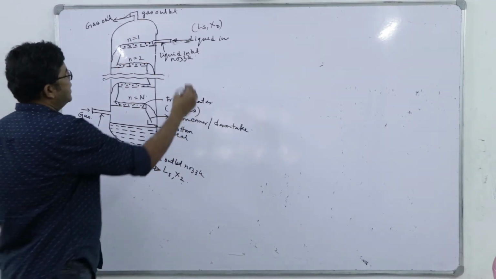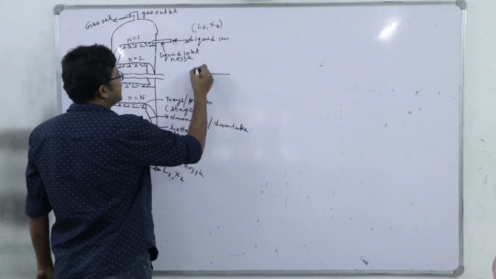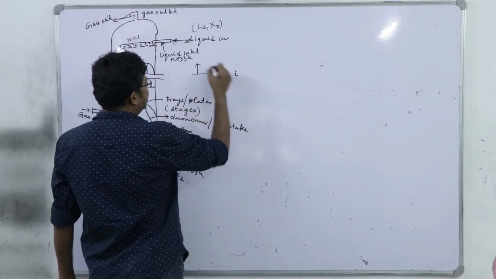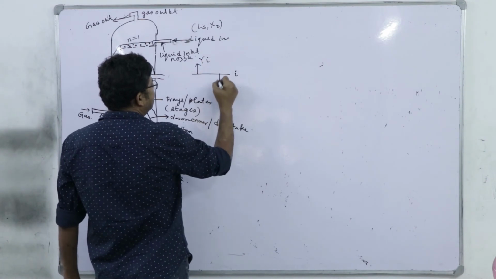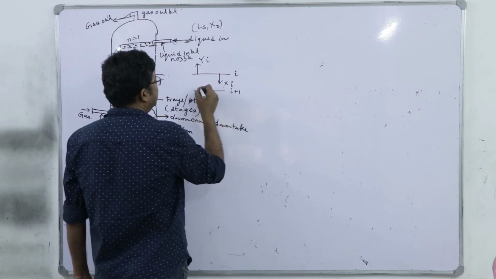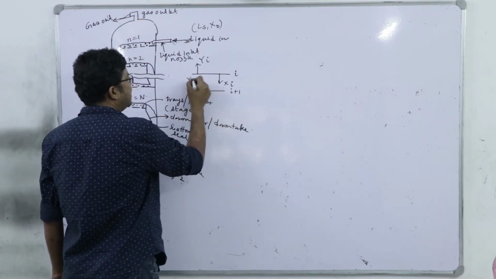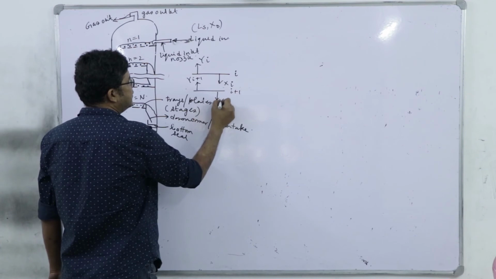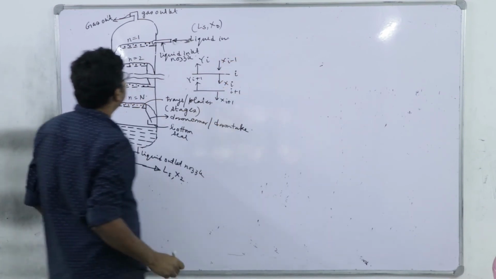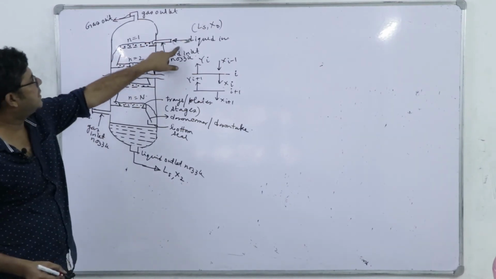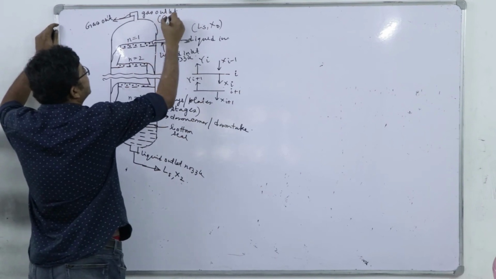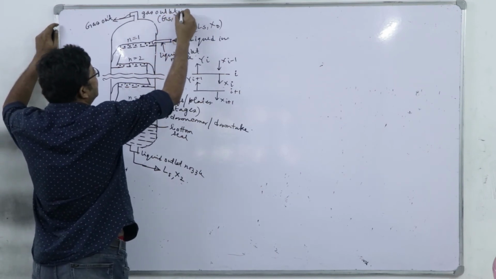So, in a stage or a tray, if the stage is stage i, the gas leaving will be Yi, the liquid leaving will be Xi, and below is stage i plus 1. Obviously we will have Yi plus 1, here Xi plus 1, and whatever is coming from above is Xi minus 1. If it is stage 1, the respective liquid composition is X0 and the gas outlet will have Gs and Y1.